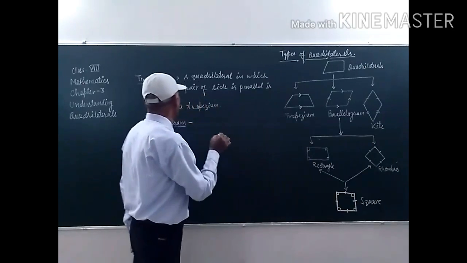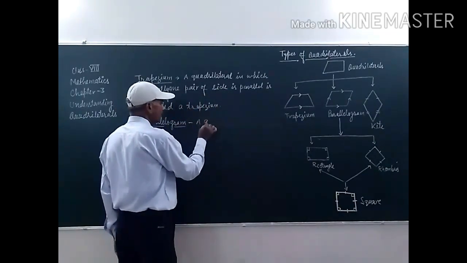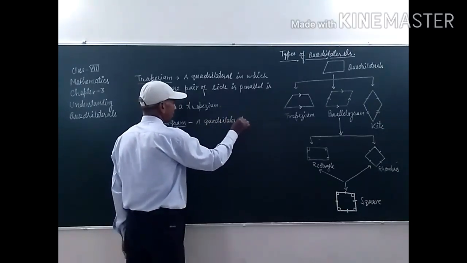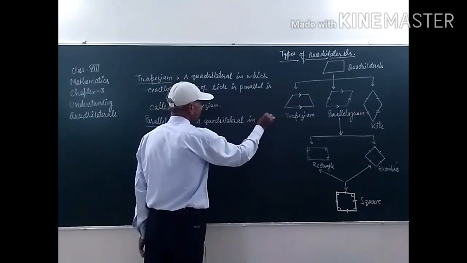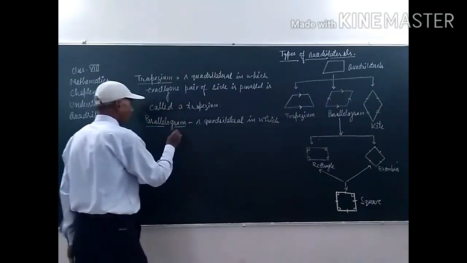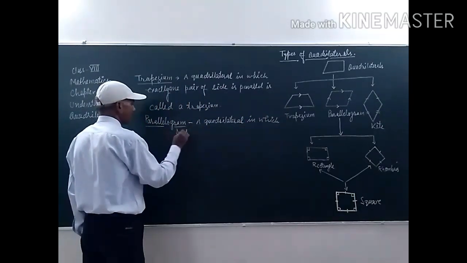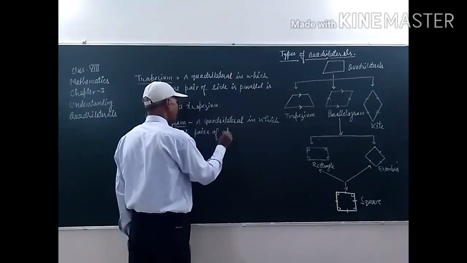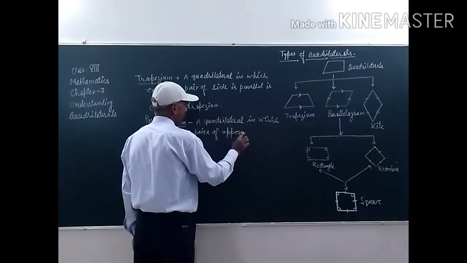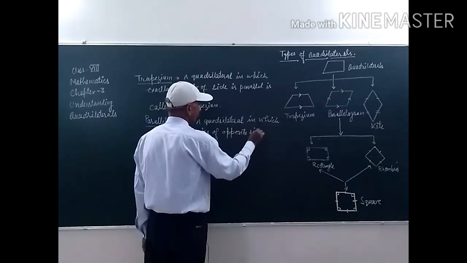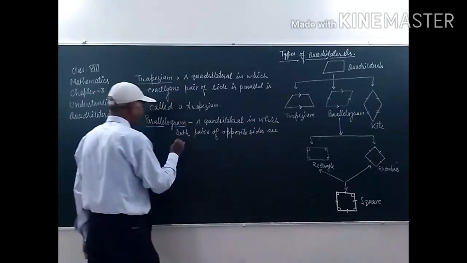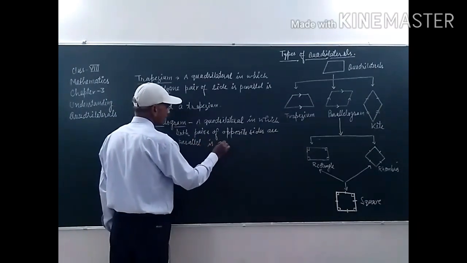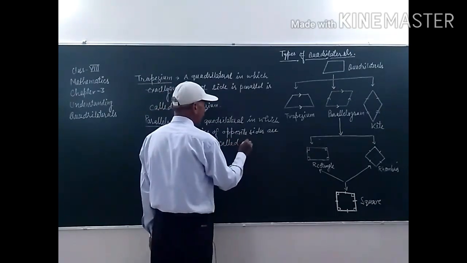So a quadrilateral in which both pairs of opposite sides are parallel is called a parallelogram.